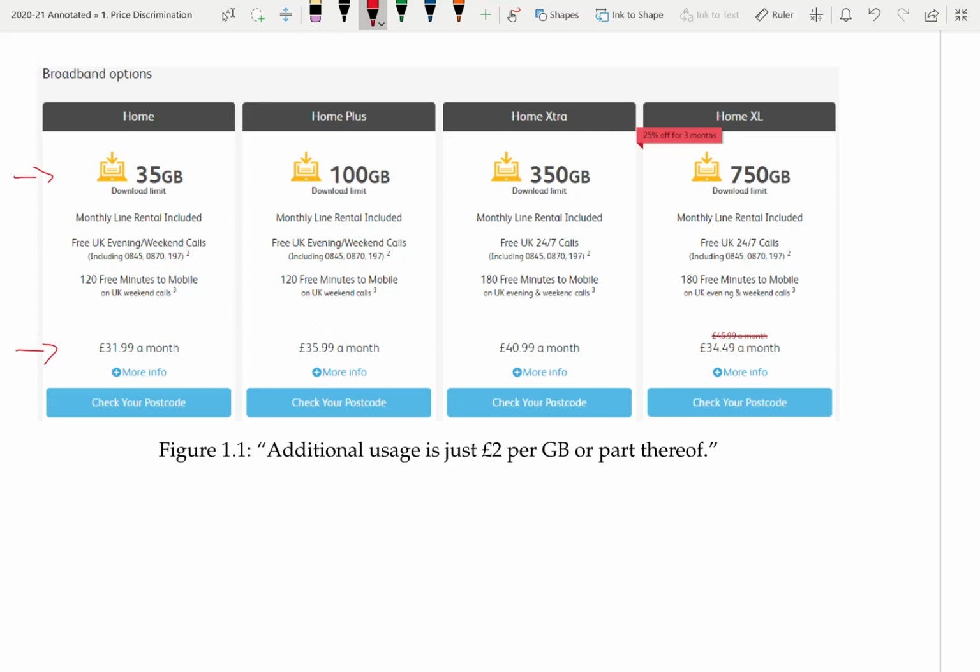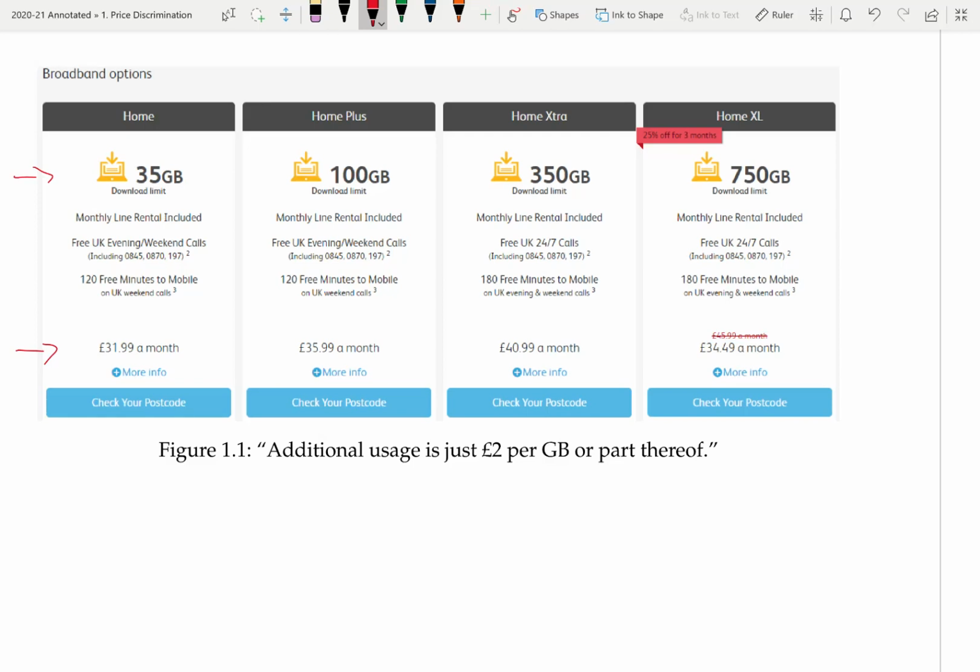So the price you pay per gigabyte is decreasing as your download limit goes up. So here we have a sort of bulk discounting again. This is also second degree price discrimination. Now, I've ignored this bit here about what happens if you go over the limit. This doesn't really matter, and we'll see why later on when we look at this example in more detail.